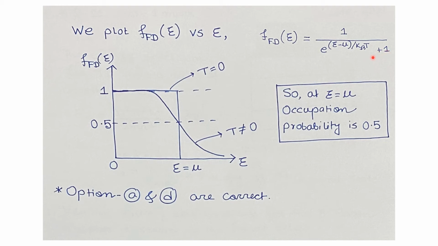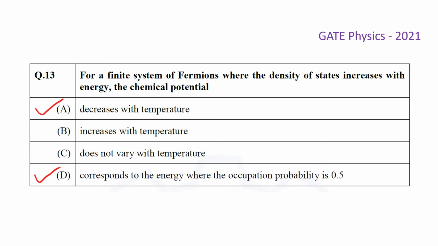So it will be 1 by 2, that is 0.5. So according to the solutions, option A and option D are correct for this question. So for this multiple select question, option A and option D are the correct answers among the four options.